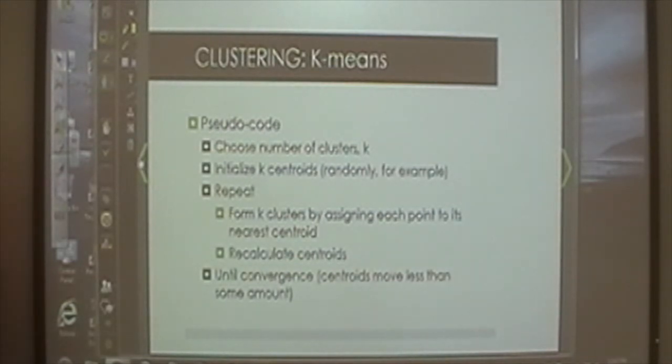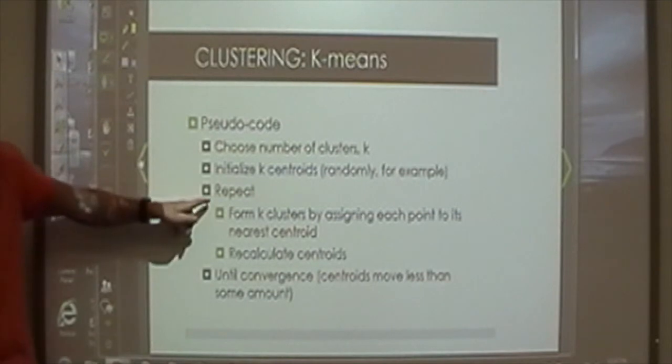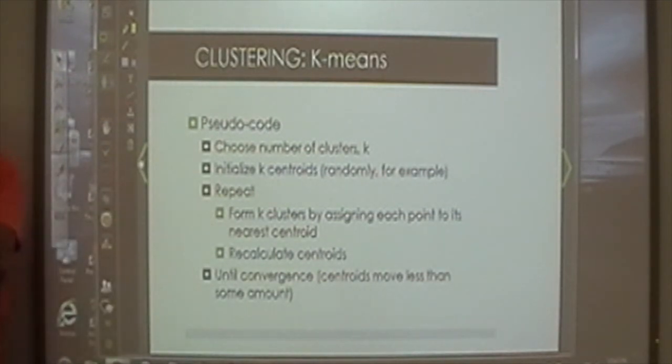And then there's a loop here. We're going to form our clusters by going through each of our data objects, each of our instances, and measuring, using our measure of similarity, the distance to each of the centroids. The centroid that's closest to that particular instance is where that instance is assigned.